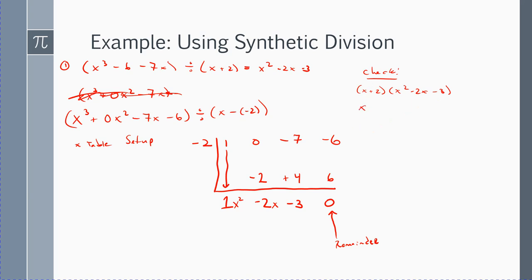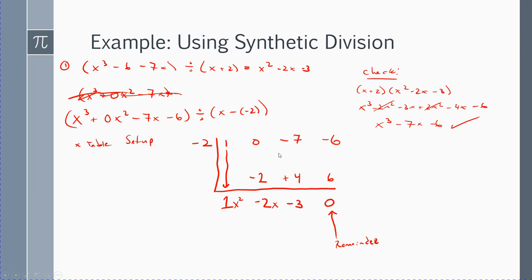I get x cubed minus 2x squared minus 3x plus 2x squared minus 4x minus 6. Well, look, the x squareds cancel. I get x cubed minus 3x minus 4x, minus 7x minus 6. So it checks out. This process worked. It's good.